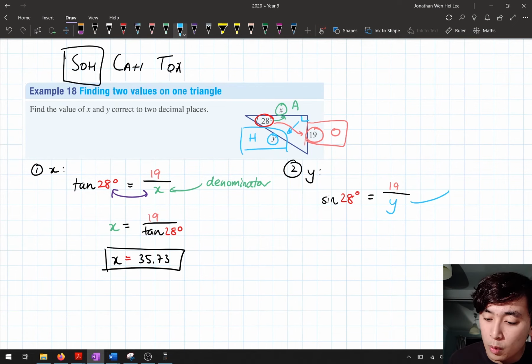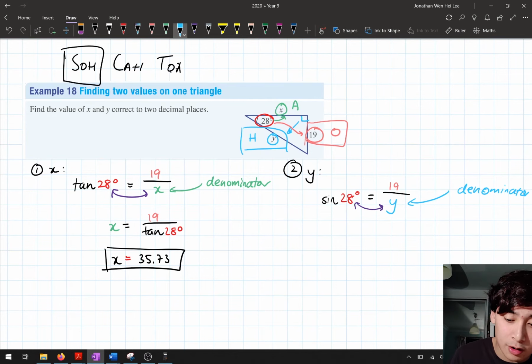And once again, we have a denominator. It's at the bottom of my fraction. And so I swap the two. So here I'm going to swap these two. And so I end up getting y is equal to 19 over sine 28. So let's put that in my calculator.